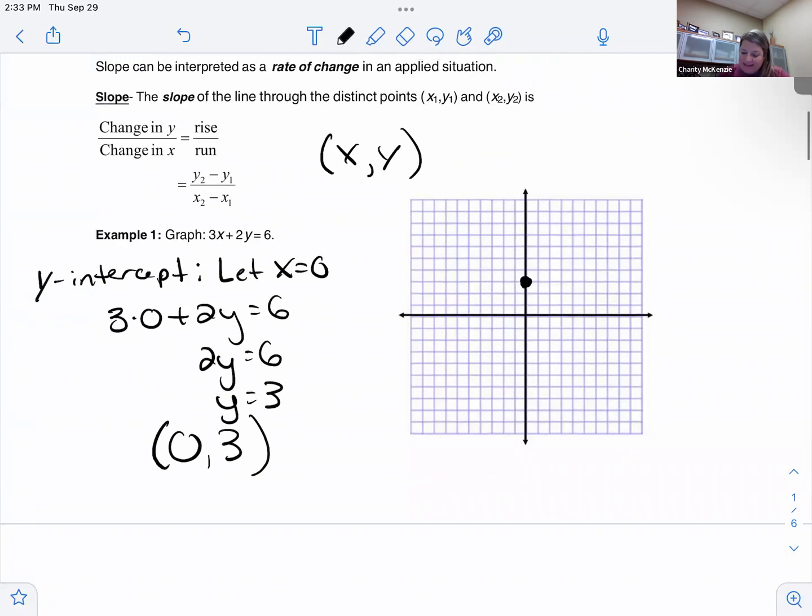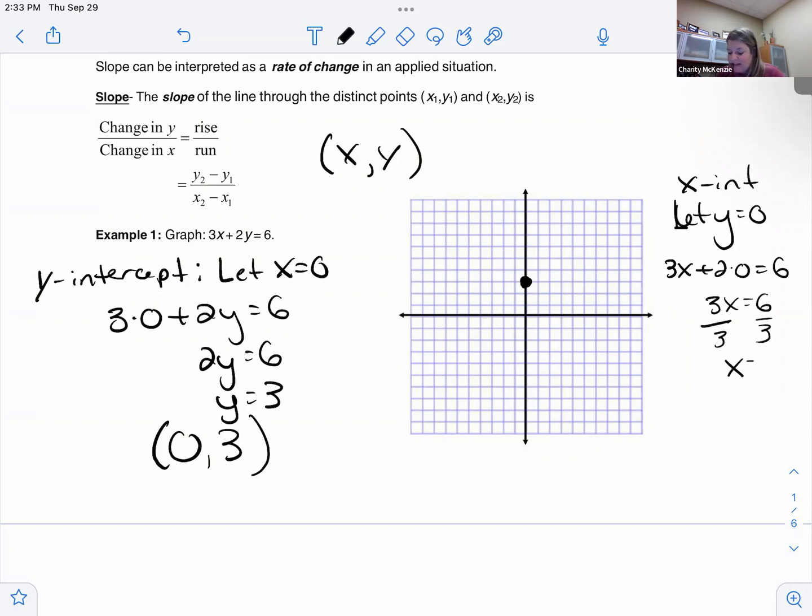So let's find the x-intercept. And this time we're going to let y equal 0. That's an L, let. It'll kind of look like a 6, but it's L-E-T. So if y is 0, you would have 3x plus 2 times 0 equals 6. 2 times 0 is 0, so I really just have 3x equals 6. Divide both sides by 3, and x is 2. So put the point together: x was 2, y was 0.